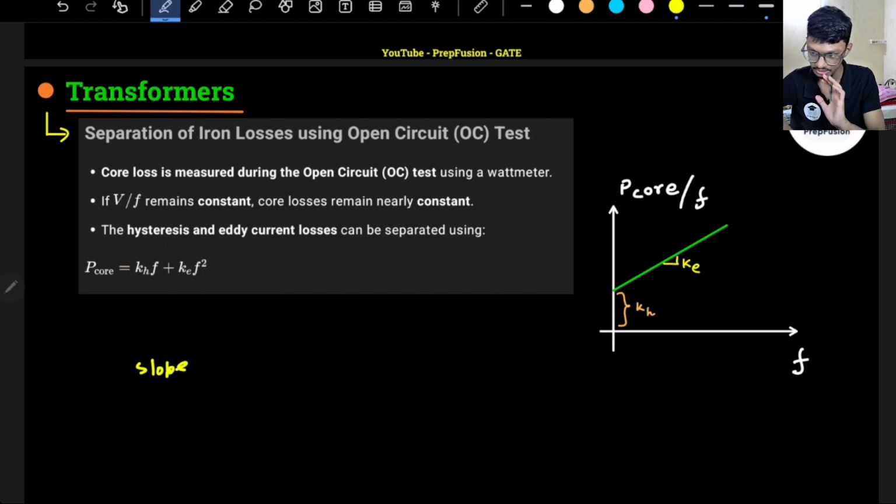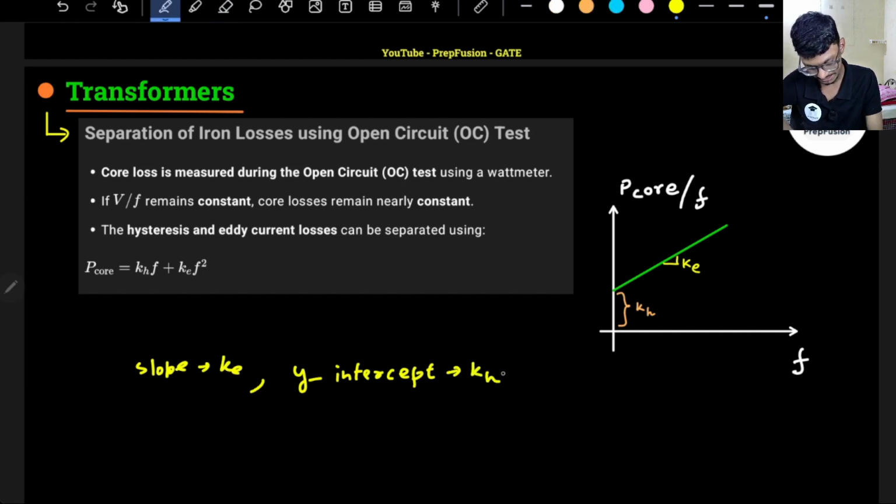This we had already learned in the losses topic. The slope will give me the eddy current constant, and the y intercept will give me the hysteresis loss constant, also known as the loss coefficient.